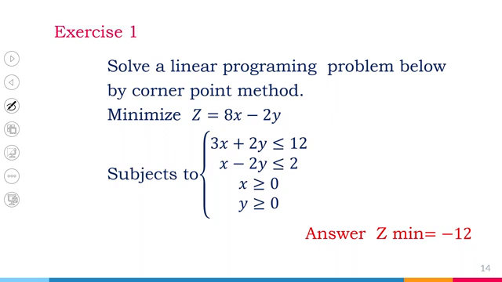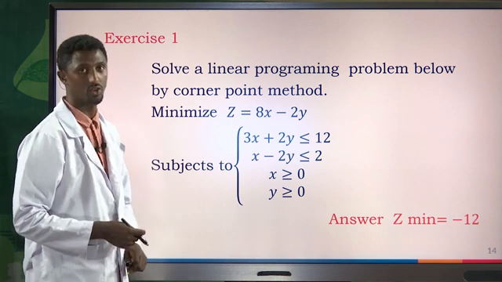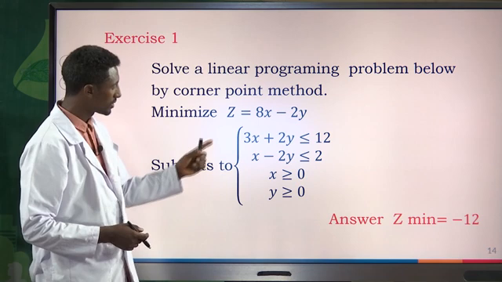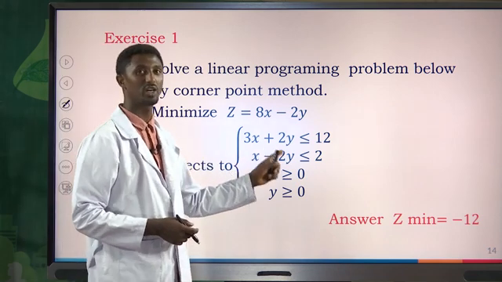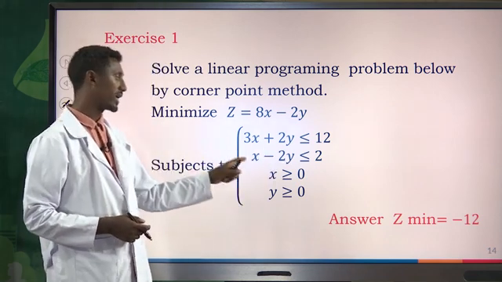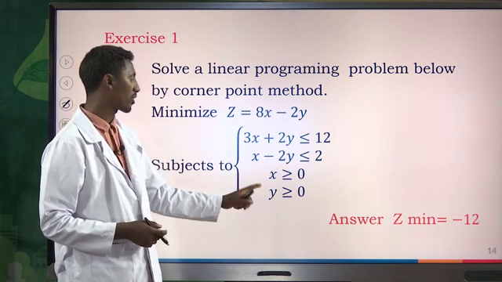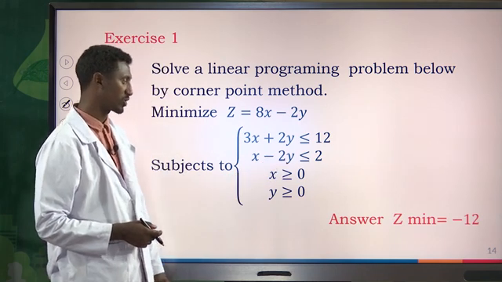So this one is an exercise for you. Solve the linear programming problem given below by the corner method, meaning by using a graph: z equals 8x minus 2y subject to 3x + 2y ≤ 12 and x − 2y ≤ 2, x ≥ 0, y ≥ 0.